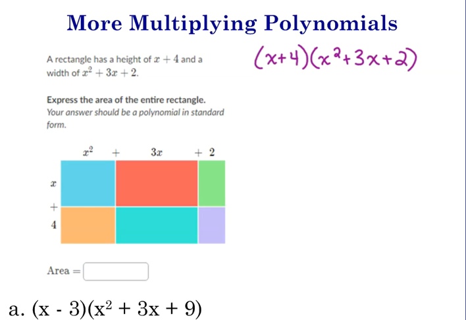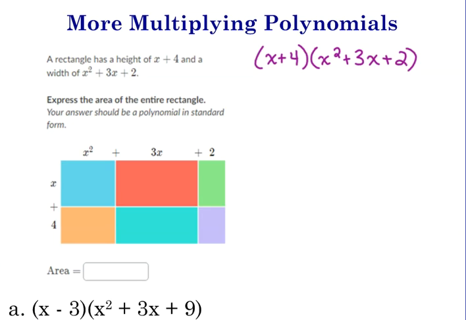You might not. That's why we've got this area model right here to help us out. This is like the box, but instead of having 2 terms times 2 terms, we've got 2 terms times 3 terms. So if you like the box, here's the box with a binomial times a trinomial.